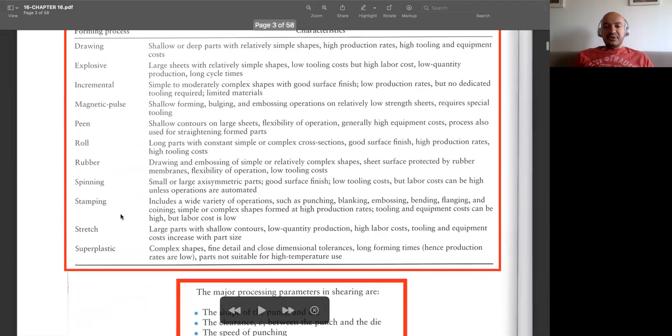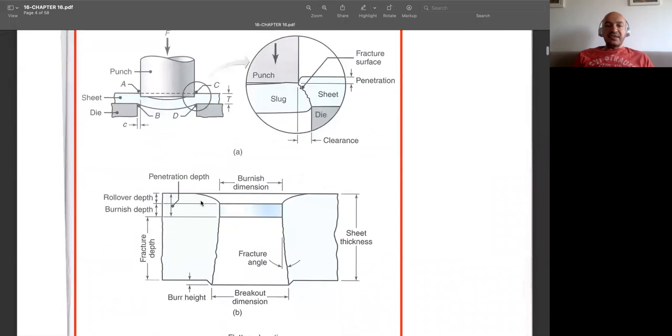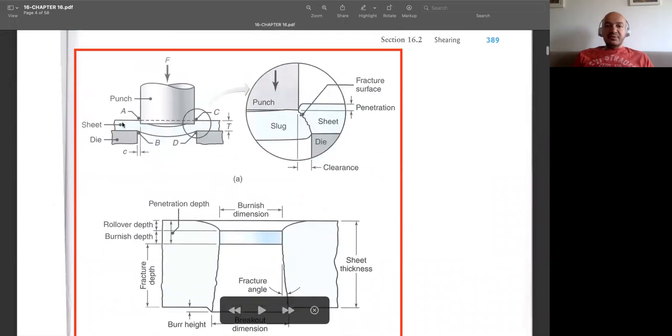I can show you an example picture here. This is the die, as you see. We put our sheet metal in between the die and the punch, and then once we apply this force, cracks start at these points at the upper side and the lower side.